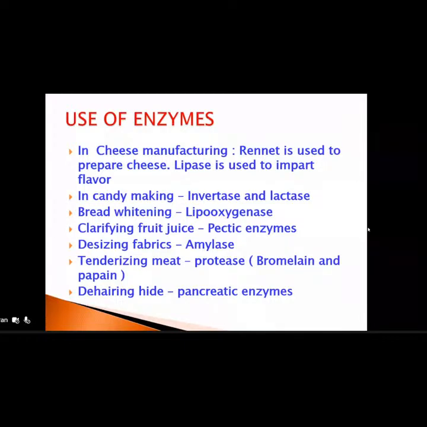One is bromelain, and another one is papain. Bromelain is obtained from pineapple, and papain is obtained from papaya, right? So these two fruits are very important, an excellent source of protease, which is used in tenderizing the meat. Next slide.